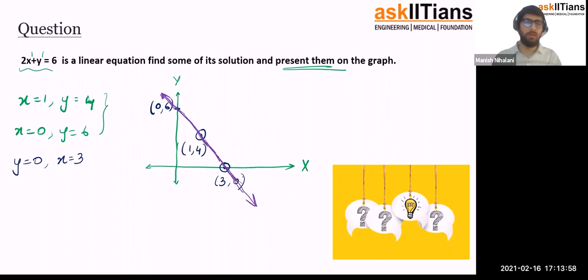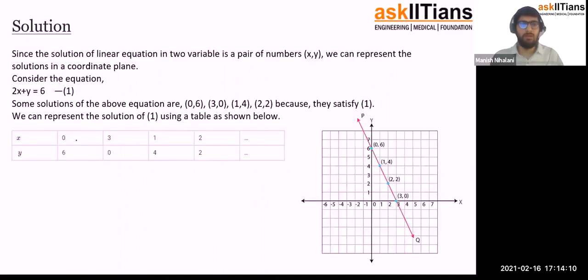Because it was a degree 1 equation, we joined them with the help of a line and not a curve, right? So as you can see, this is how the graph will look, and some similar solutions are being considered: 0, 6; 3, 0; 1, 4; and 2, 2 and so on. This is how we usually represent a linear equation on a graph paper, by considering a couple of solutions.